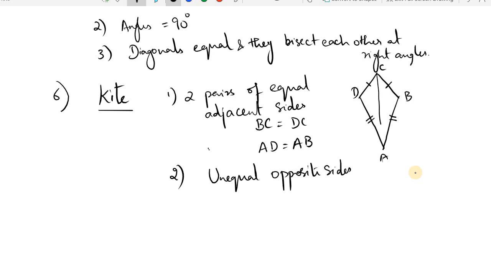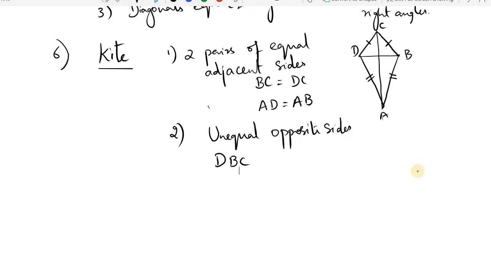Another thing that we need to note, if I draw the diagonals, if I see here, DBC is an isosceles triangle. If you look at it, because DC equals BC, it is an isosceles triangle.